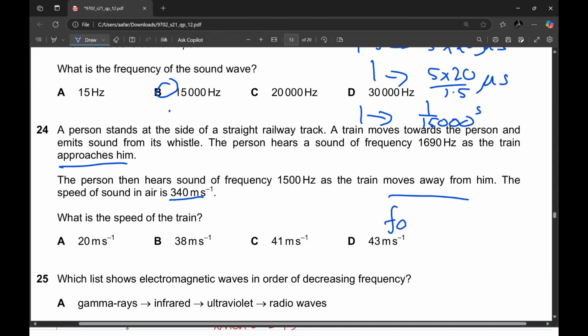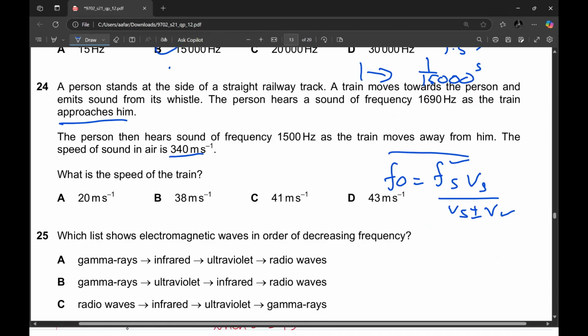So we know that FO is basically the frequency of the source times the speed of sound over speed of sound plus or minus speed of the source. We basically have two variables, right?